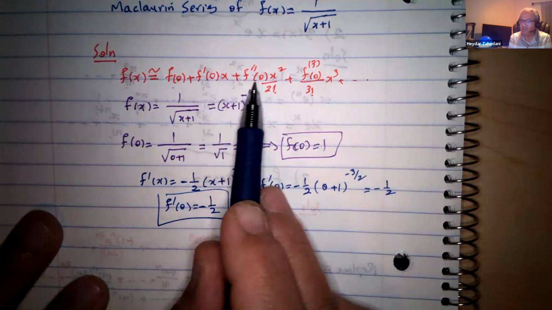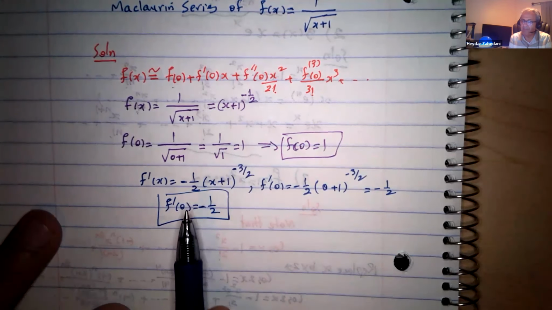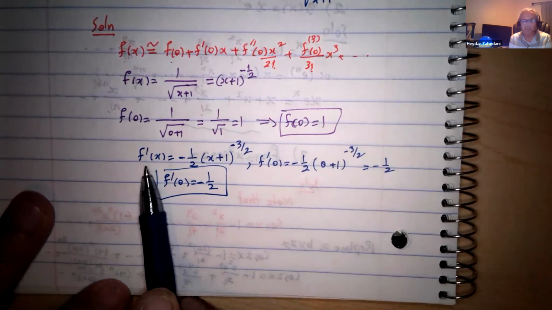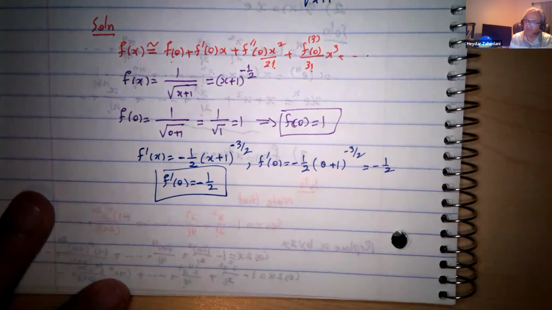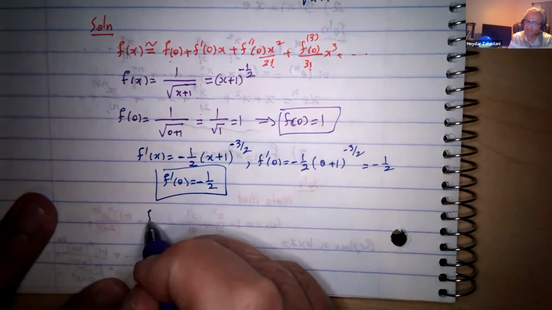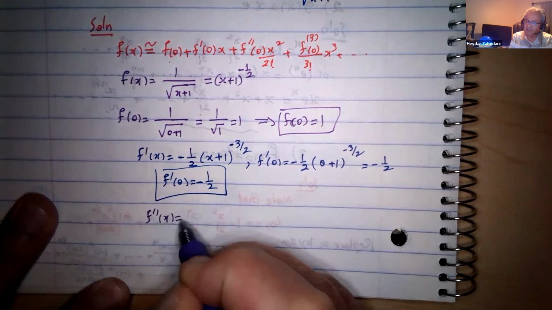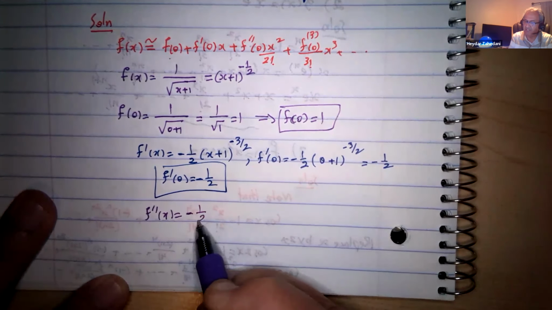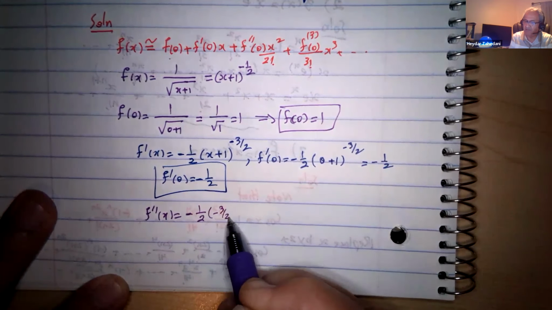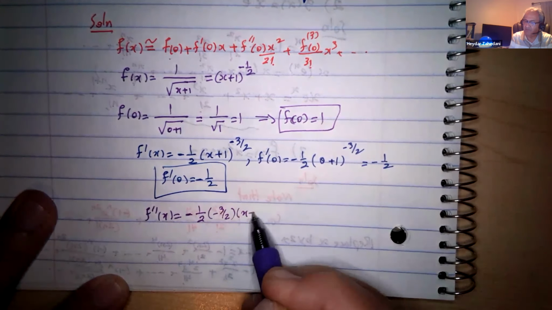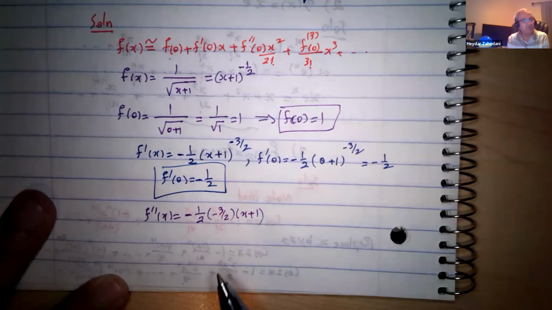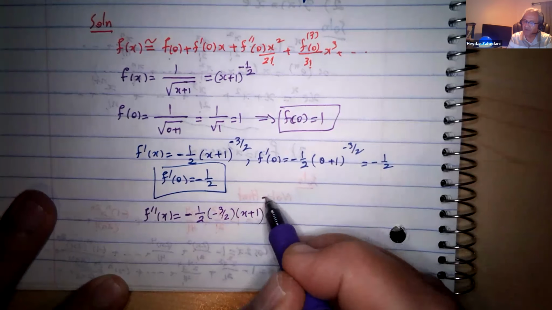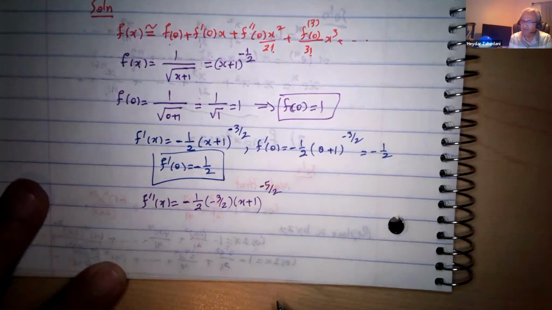Okay, you have to continue to get the next one. So what's going to be the next one? This is f prime. You differentiate it again to get f double prime, another chain rule. You bring the power down, so it's a negative half already, times negative 3 half times x plus 1 to the negative 3 half minus 1. It's negative 3 minus 2, negative 5 half.